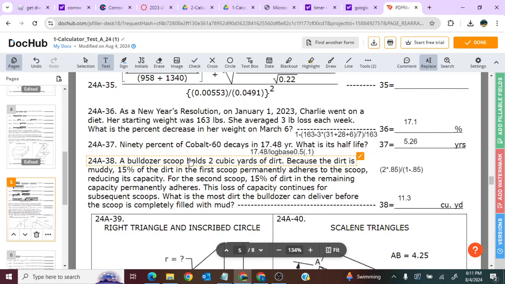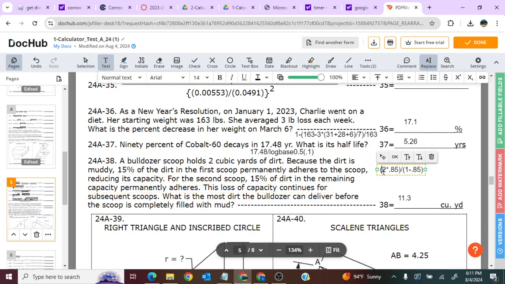38. A bulldozer scoops 2 cubic yards of dirt. Because the dirt is muddy, 15% of the dirt in the first scoop permanently adheres to it, and the same thing for 15% of each. Basically, each scoop is 85% of the previous one, which is a geometric series.